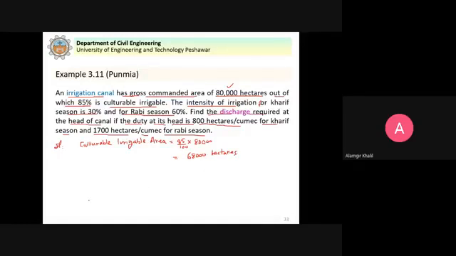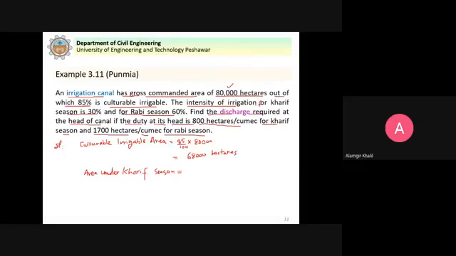Now, area under Kharif season. That will be equal to how much?